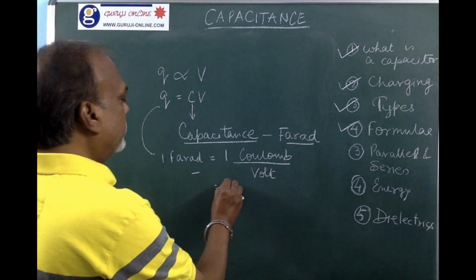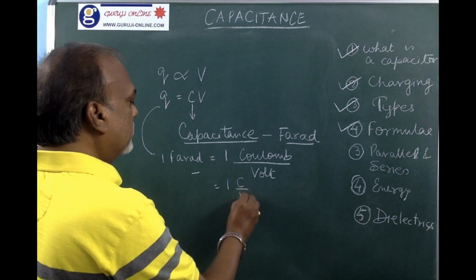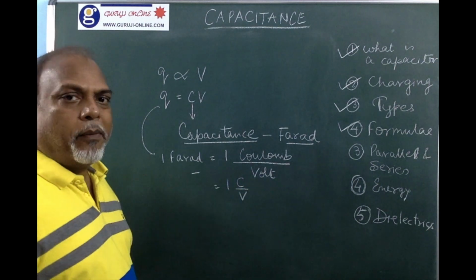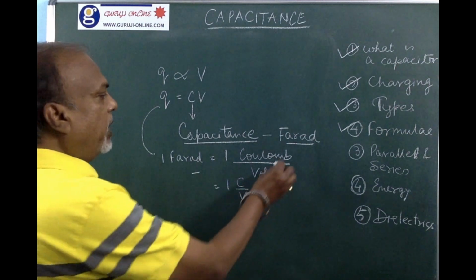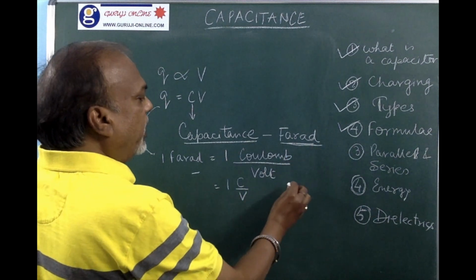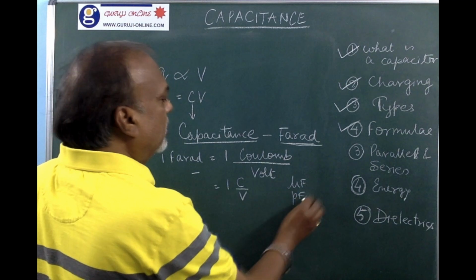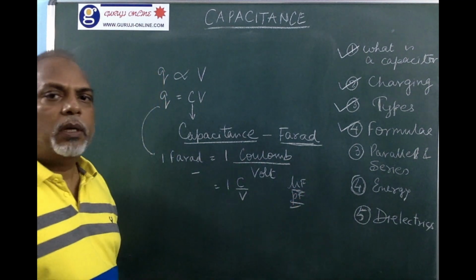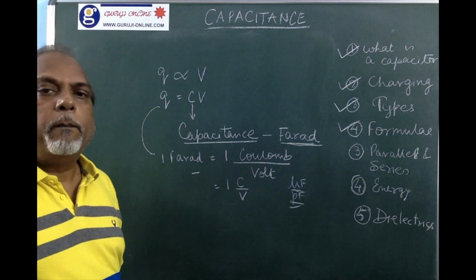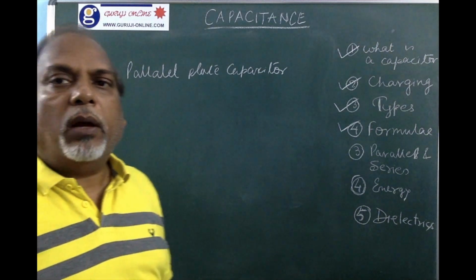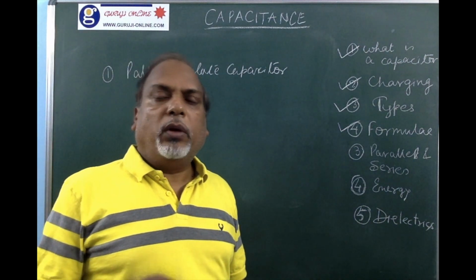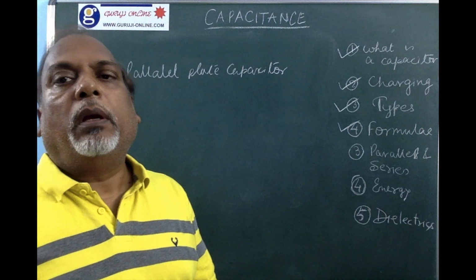Correct? This is a very large unit, so we can use microfarad also or picofarad also, depending on the situation. We have seen till now Q is equal to CV.